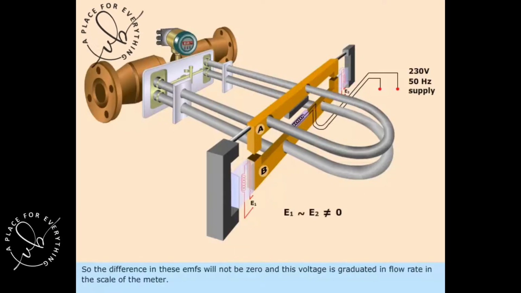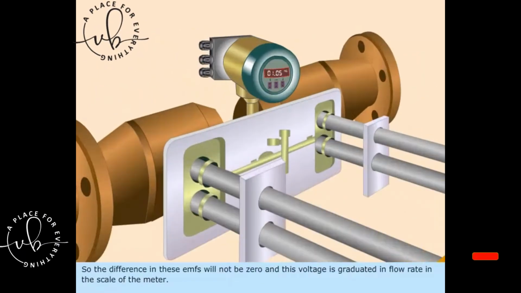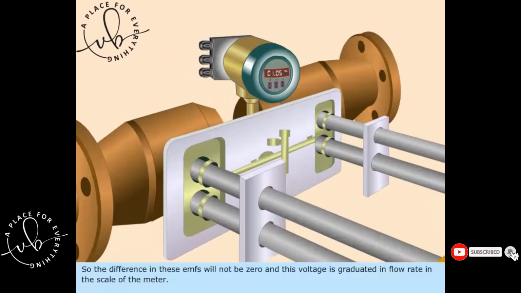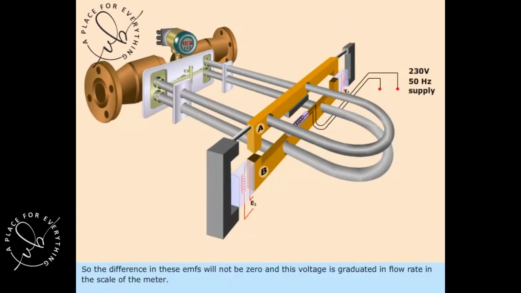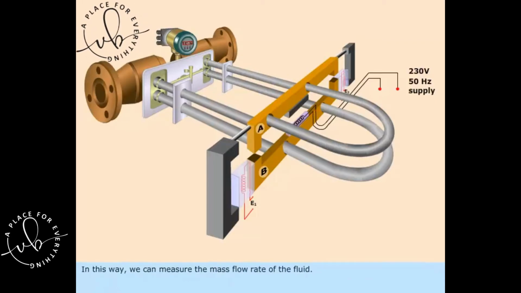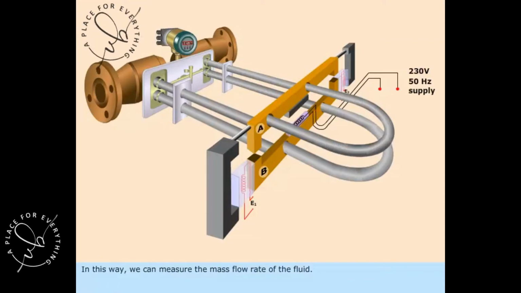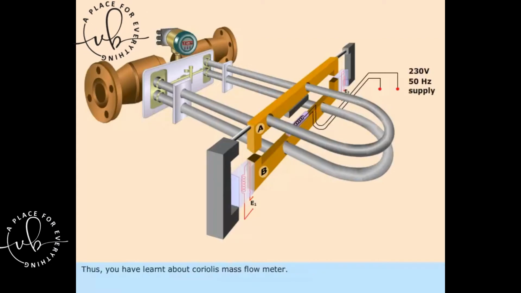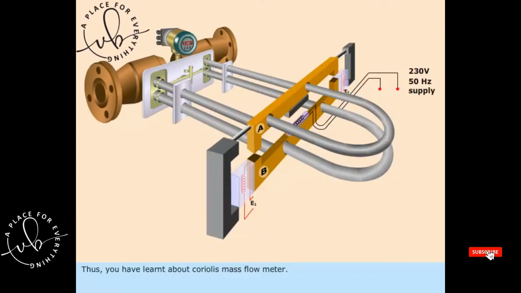So, the difference in these EMFs will not be zero, and this voltage is graduated in flow rate in the scale of the meter. In this way, we can measure the mass flow rate of the fluid. Thus, you have learnt about the Coriolis mass flow meter.